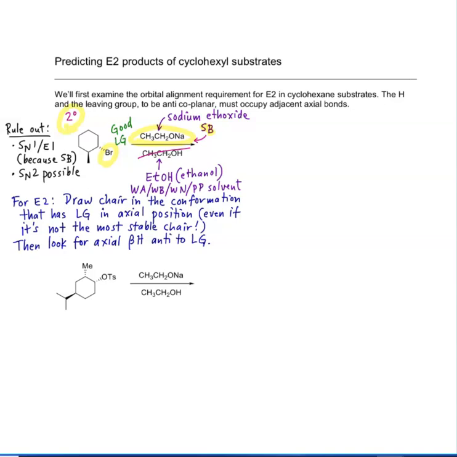Okay, so let's do that for this guy here. I'm going to go ahead and number carbons, starting at the bromine. Again, you can use whatever labels you want; you just need points of reference. Now let's draw a chair. The bromine is going down according to the skeletal formula, and so carbon 1 has to have an axial down bond.